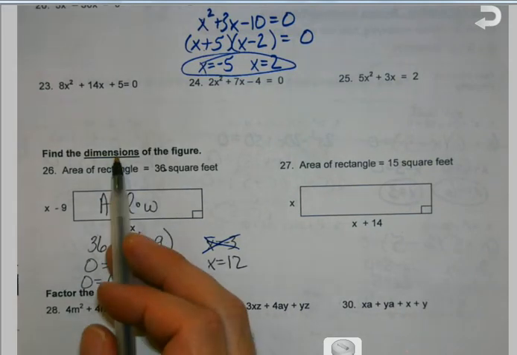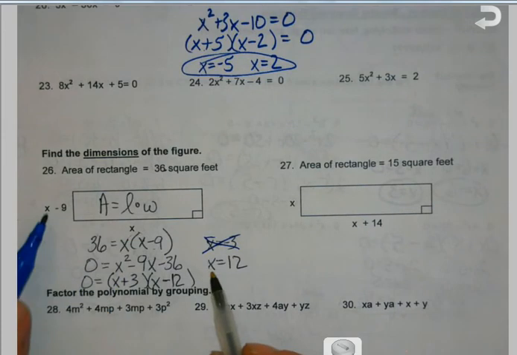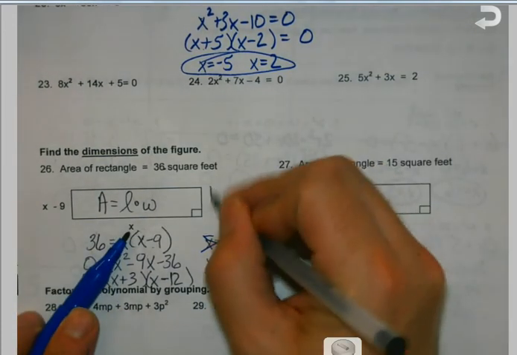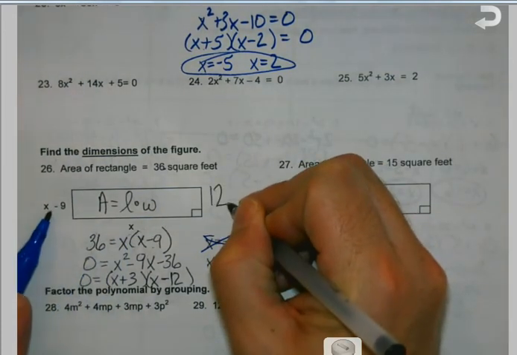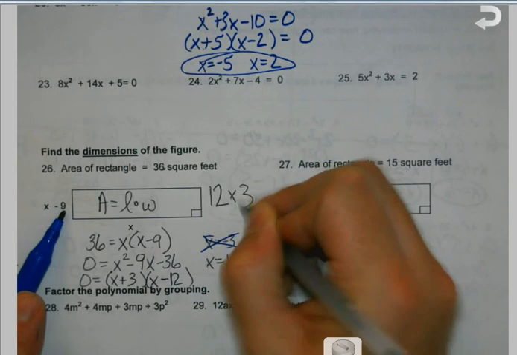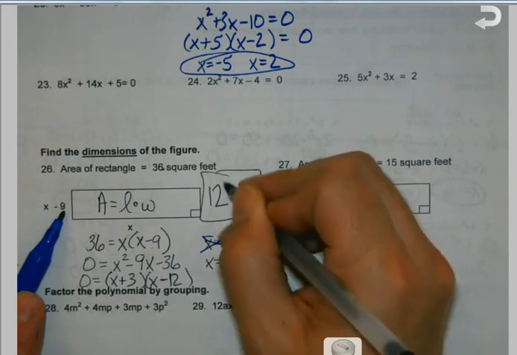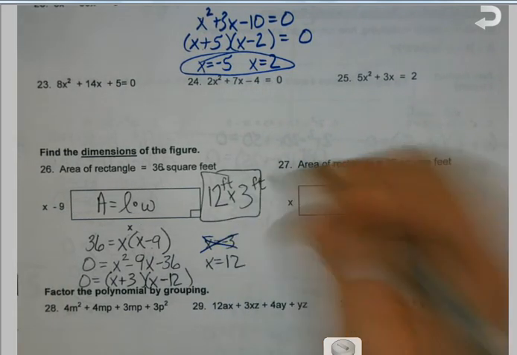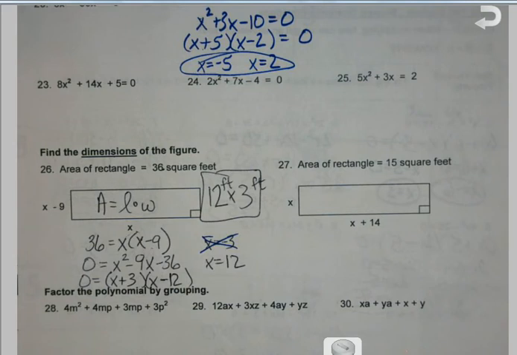Find the dimensions of the figure, means I actually have to stick the 12 in. So my x there would be 12. 12 minus 9 is 3. Those are my dimensions, and I would do that on each of those. It's just set up length times width, get it on a side, kind of work it out.